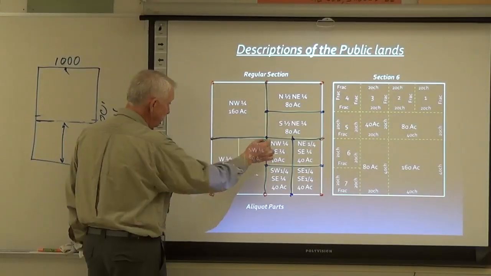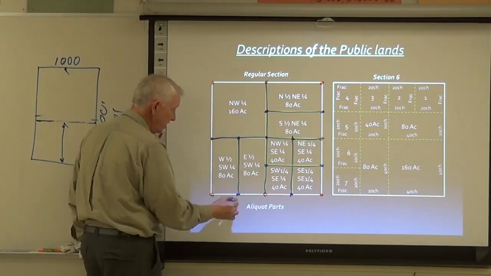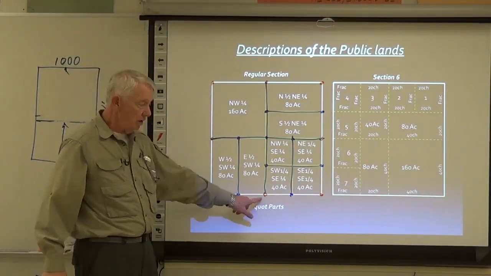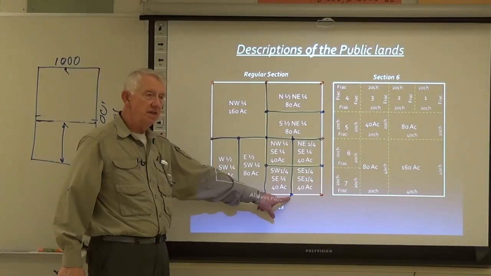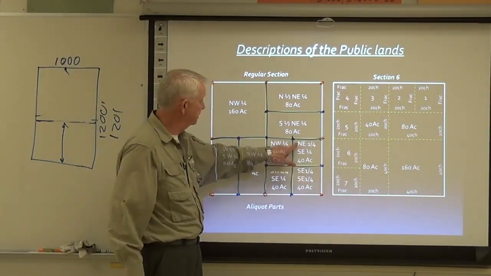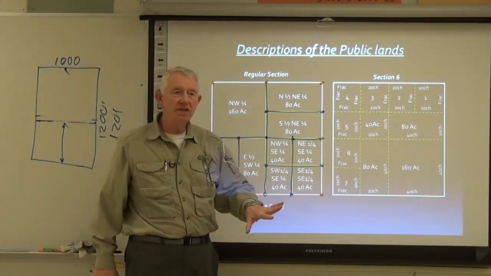If we're going to do this one, midpoint, midpoint, draw. So these are called section corners, these are called quarter corners, these are called 16th corners. That's the 16th corner, 16th corner, 16th corner, because if you did the whole section like that, it would divide it into 16 parts.